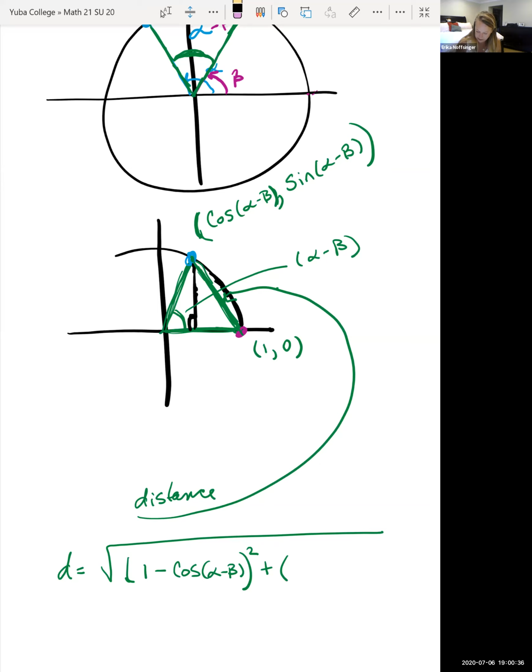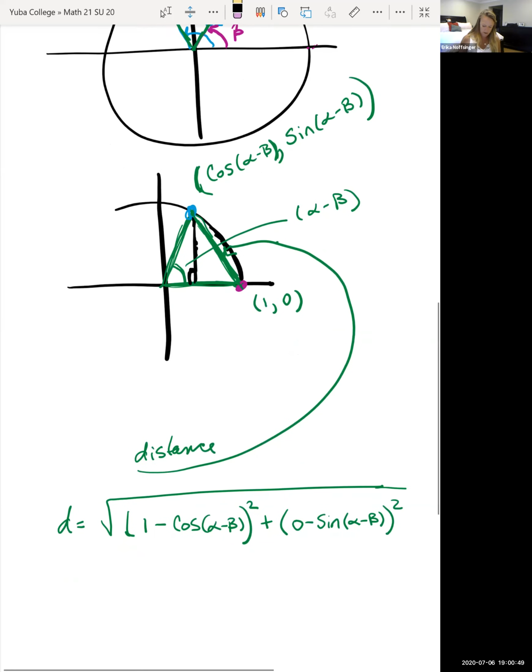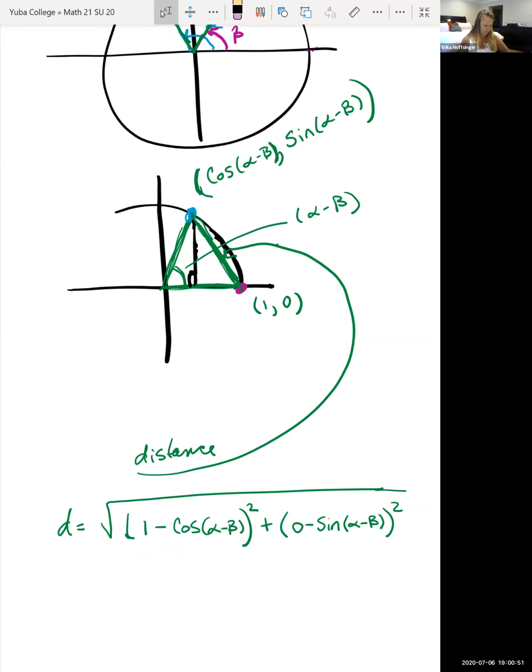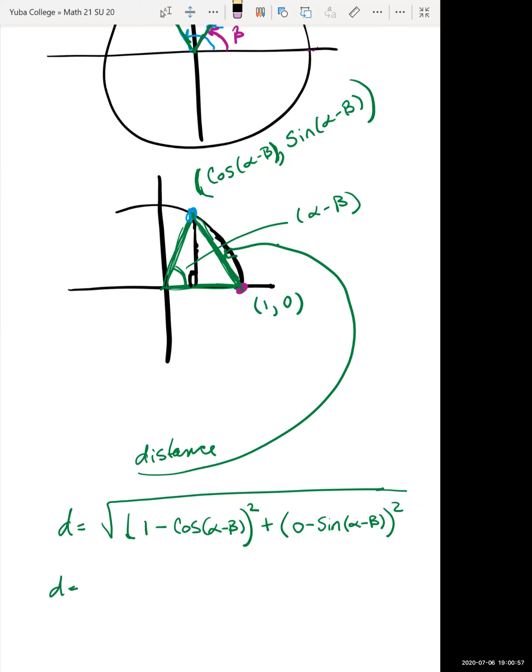So our y value here is 0 minus sine of alpha minus beta, quantity squared. Is that a distance formula? Like how'd you combine that? Yeah, that is a distance formula.